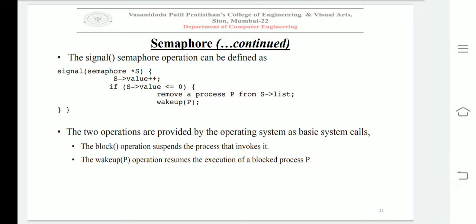The blocked process is restarted using the wakeup operation, which changes the process state from waiting to ready. The process is then placed in the ready queue. The block operation suspends the process that invokes it, and the wakeup operation resumes the execution of the blocked process P. This was all about semaphores.